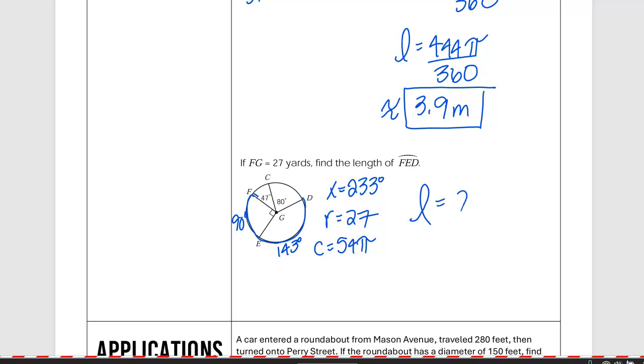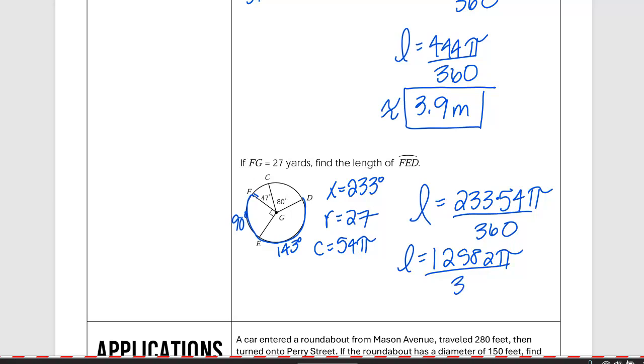So L equals 233 times 54 pi divided by 360. So that means the arc length equals 12,582 pi divided by 360. And that means the answer is 109.8, and our unit of measurement is yards.